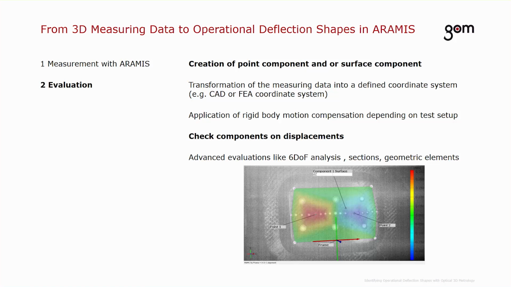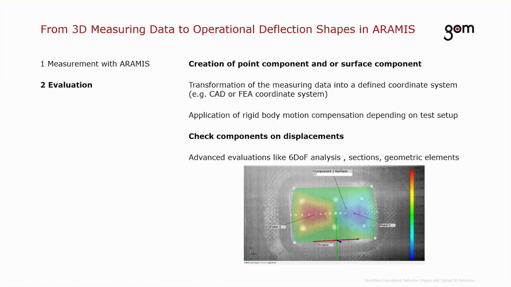After that, we can transform our measuring data into a defined coordinate system. This coordinate system can be derived, for example, from a CAD file or from an FEA model that you already created, or you can use, let's say, the shape of your part itself and apply a 3-2-1 transformation.